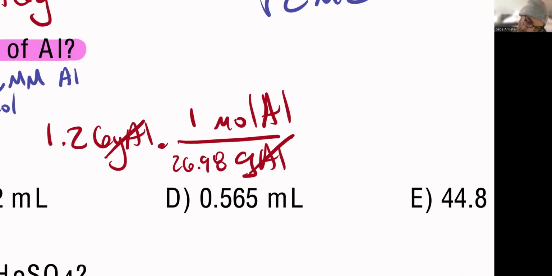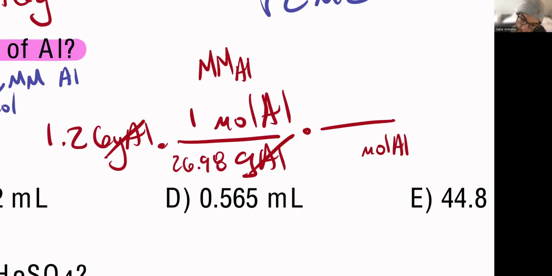Grams of aluminum cancel. This is the molar mass of aluminum. Next, times fraction. I want moles of aluminum to go away, and I want to switch my chemicals now to H2SO4. So this is going to be my molar ratio.